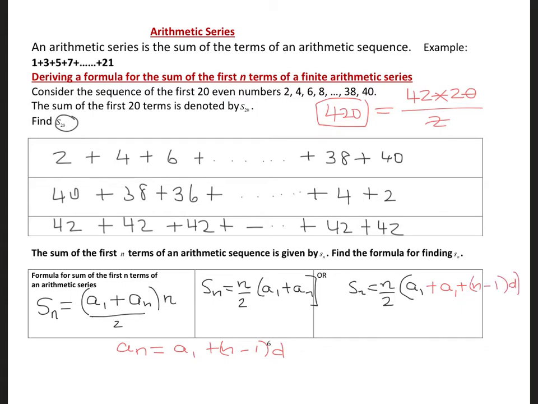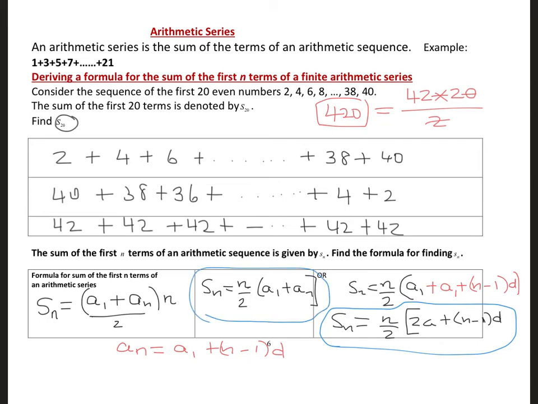And then if I simplify this, it will give me n over 2 times 2a plus n minus 1 d. So this is the sum of the first n terms. That's an alternative formula to use, depending on the situation.